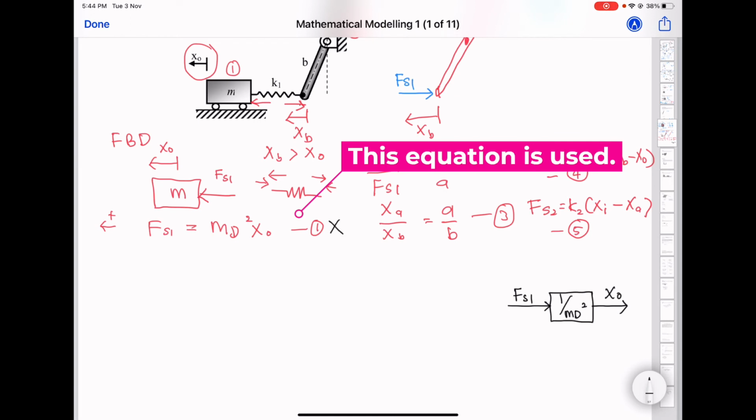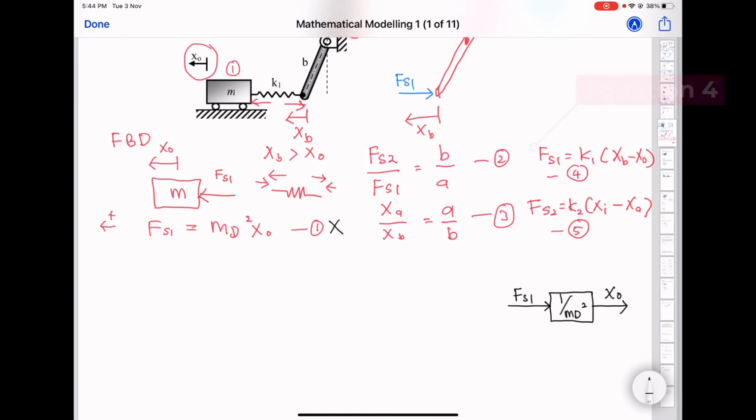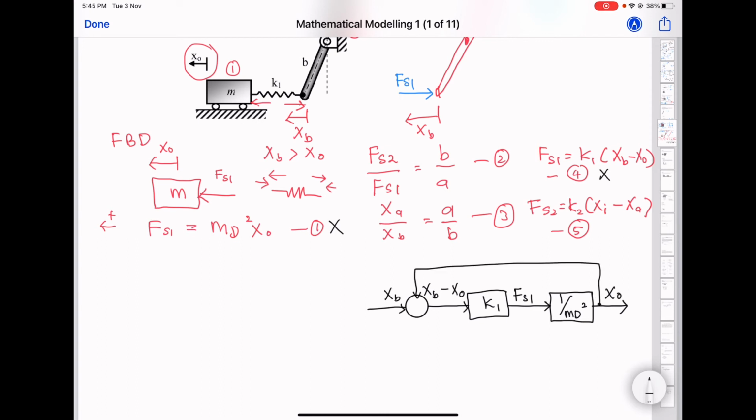For Fs1, I'm going to use equation number 4. Fs1 is K1, and the input is Xb minus X0. So we can draw a summation point. The input will be Xb, and we can tap from X0 to here. So this is plus, this is minus.